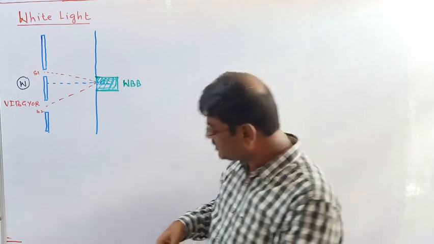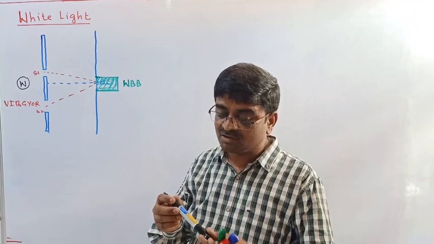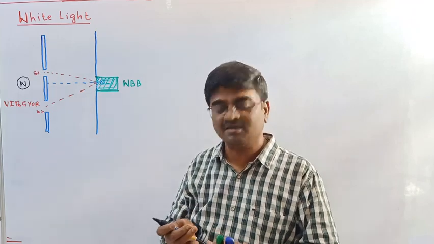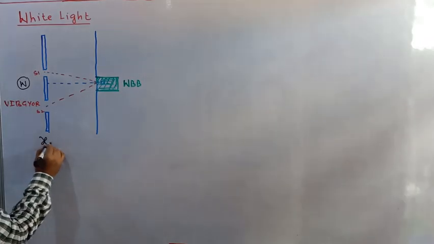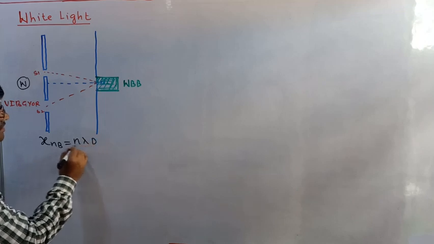To understand that, I need to go back to the equation for the position of a bright band in the interference pattern. If you remember, I have that expression x_nb equal to n lambda D by d.